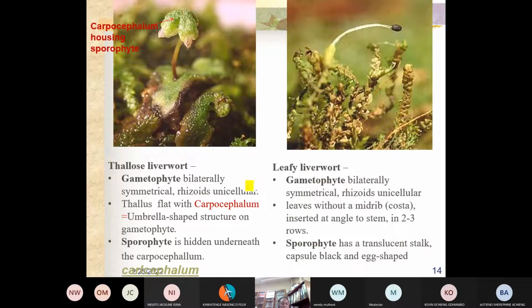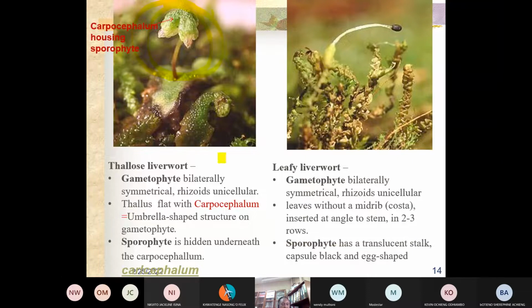So this is an example of the thallus. You can see it's flat, it looks liver-like, and then you can see the reproductive structures, the male and the female reproductive structures, which are above the thallus.